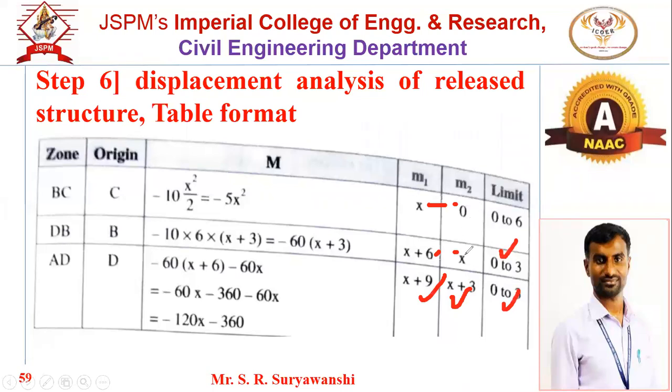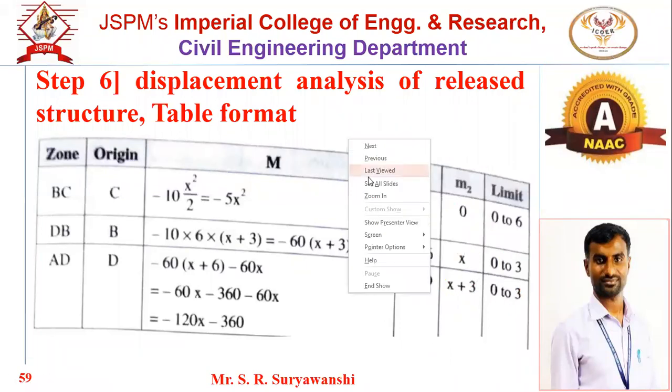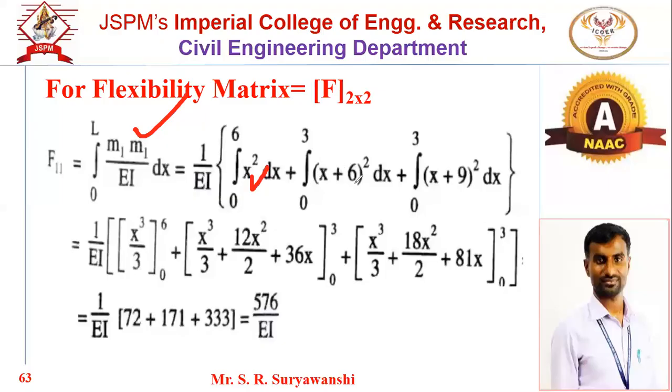And for F22, this will be 0, x square integration 0 to 3, plus x plus 3 square integration 0 to 3. Okay. Means for the flexibility matrix, initially for F11, m1 into m1, x into x square, x plus 6 into x plus 6 bracket square, x plus 9 into x plus 9 bracket square. So perform this, simplify or put all this equation on the calci ES plus, you will get the answer as 576 by EI. Okay.